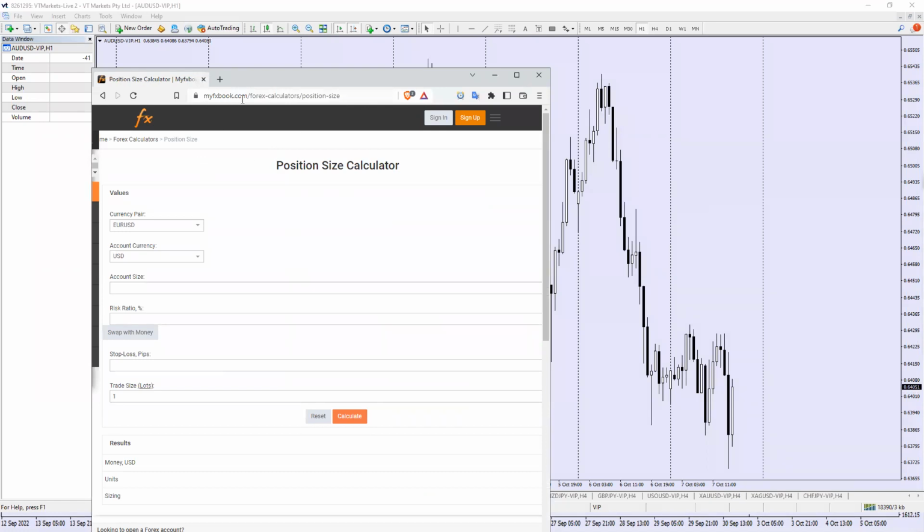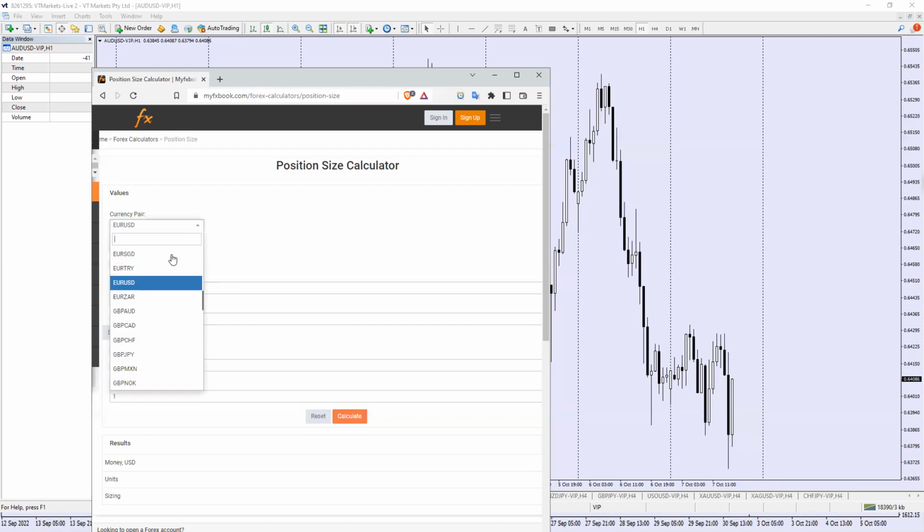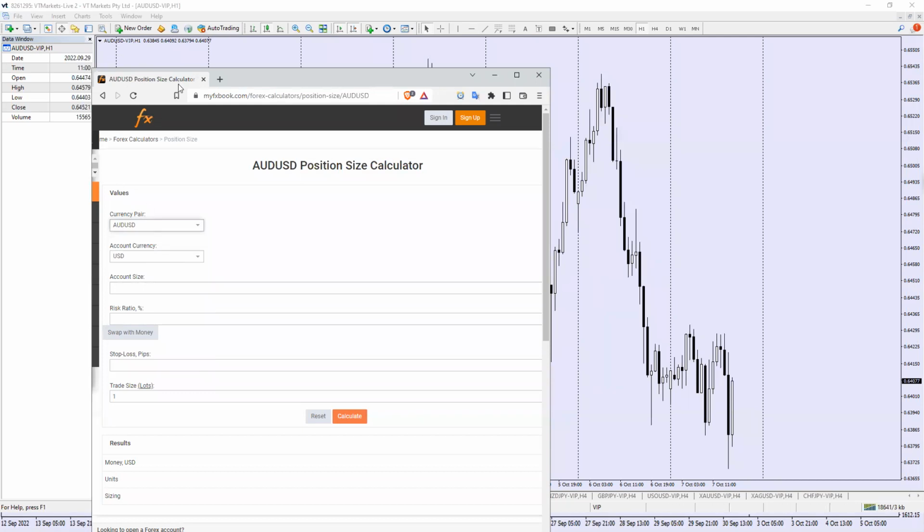So this is the website, myfxbook.com, Forex position size calculator, right? You just need to put in your currency. Your currency here is Aussie dollar, right? Because every single pairing has different lot sizes.